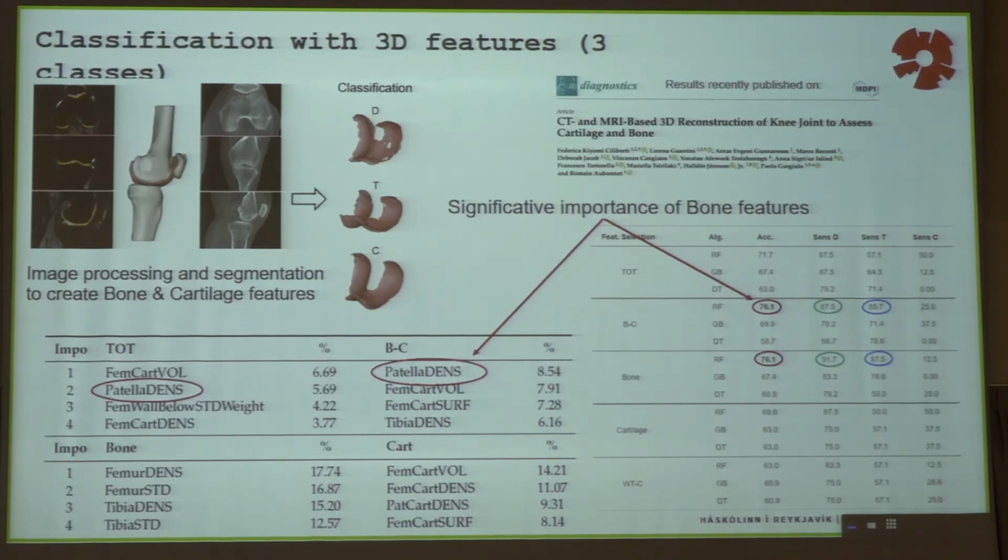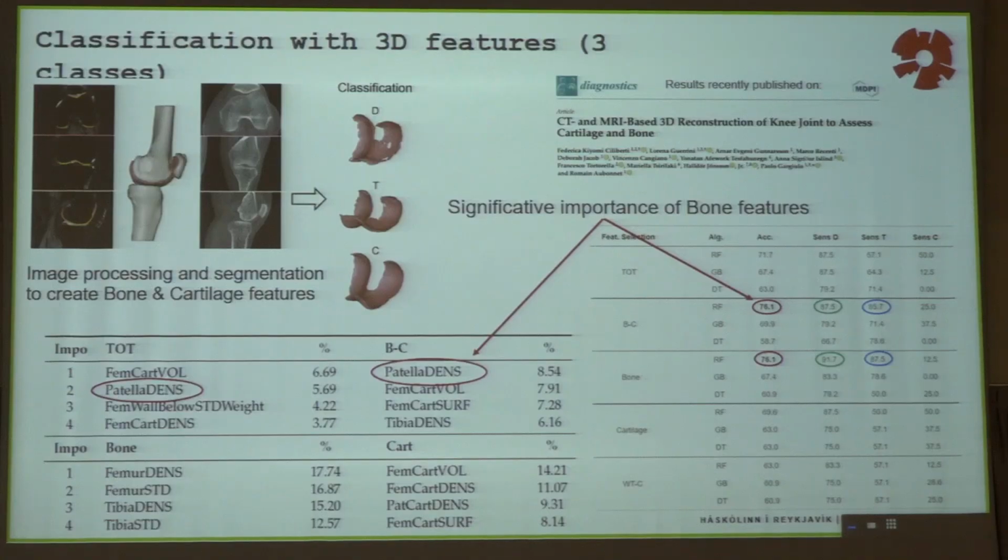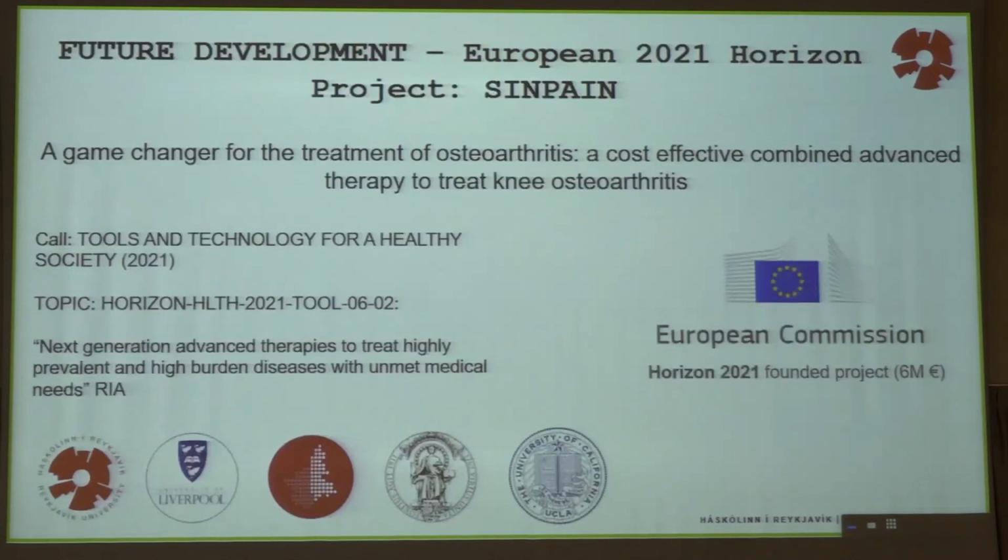We have 3 classes, so we expected that: 76.1 with the bone and cartilage features, and with only the bone features we were also able to classify the 3 classes with a 76.1 accuracy. As you can see from the tables here, the density of the patella, so the bone features, have a high importance in the classification of the degenerative cartilage.